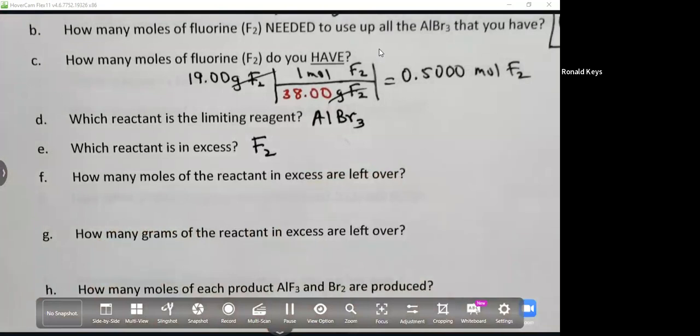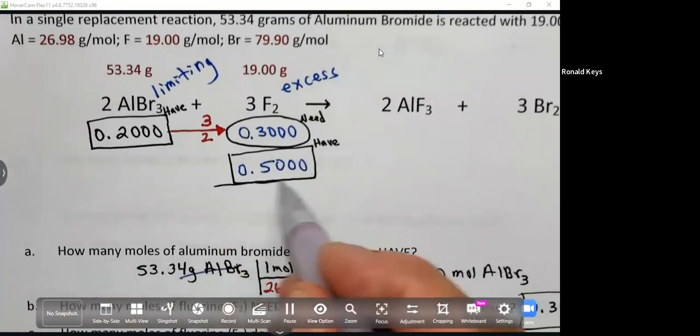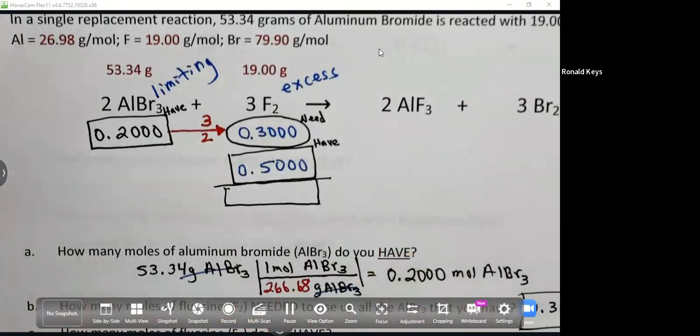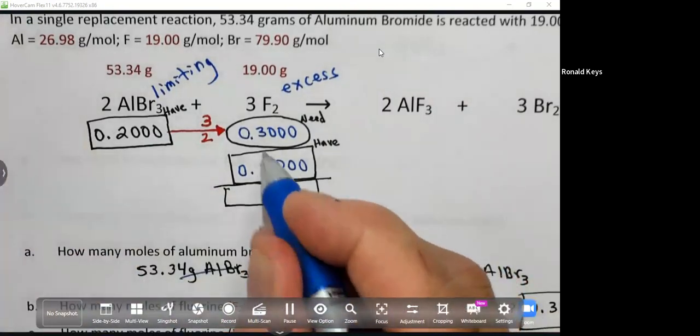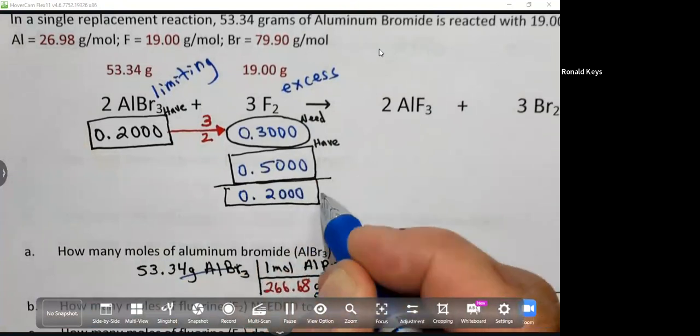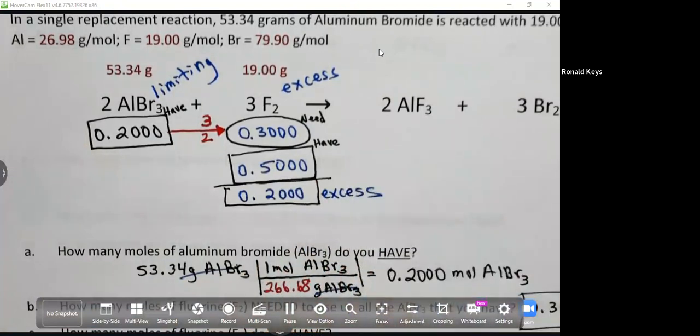How many moles of the reactant in excess are left over? Well, we can do it right here, right? We have 0.5. We've got 0.2000 excess. 0.2 moles of excess, right?